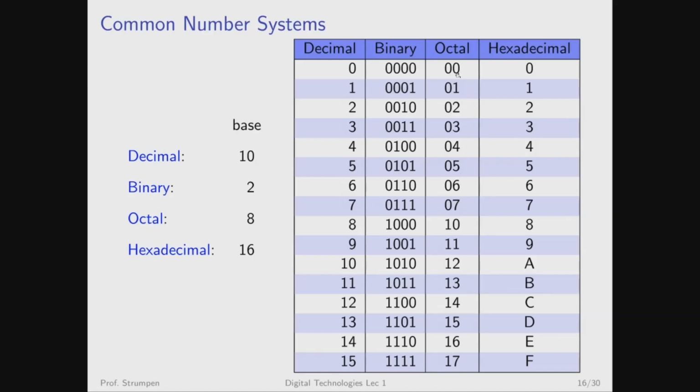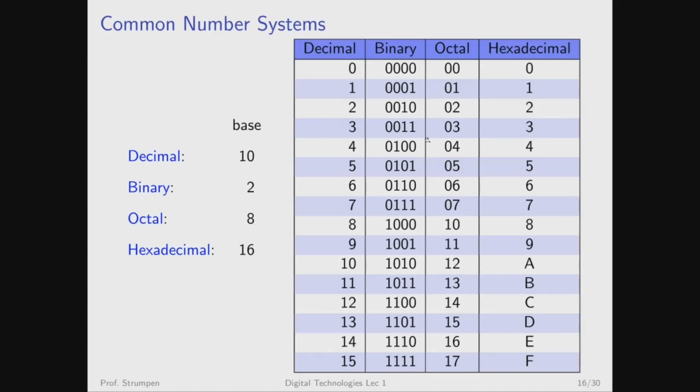So 0 is 0, 0. 8 is 1, 0, which is 1 times 8 to the 1 plus 0 times 8 to the 0. And 15 is 1, 7, which is 1 times 8 to the power of 1 plus 7 times 8 to the power of 0. The hexadecimal number system gets by with the fewest digits, namely Q equals 1.